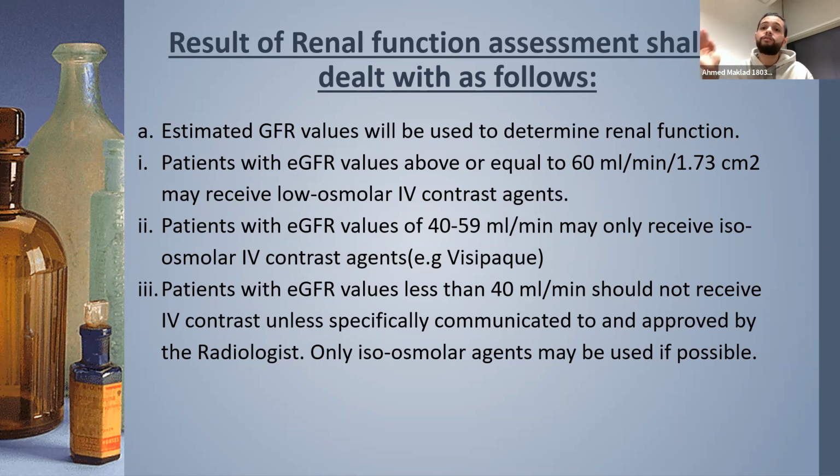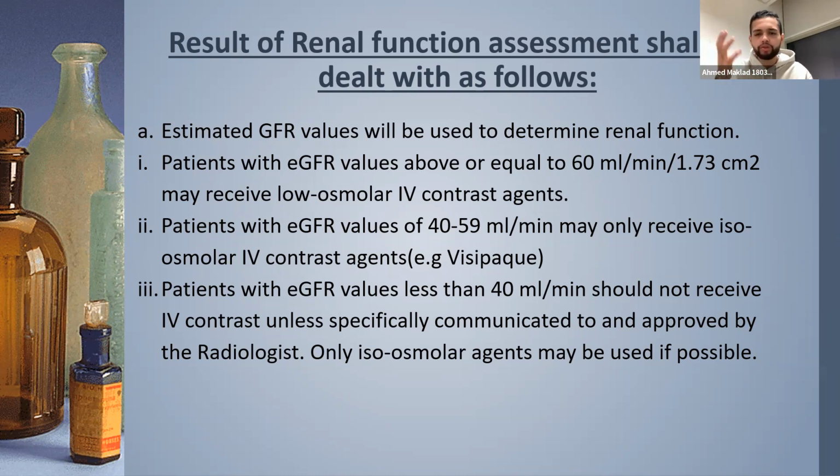Now, if the patient has an even lower GFR number, which is less than 14, all right? They should not receive IV contrast at all, unless the benefits of the IV contrast outweigh the effects of the IV contrast on the kidneys. So for example, you need an IV contrast to assess, I don't know, an intraparenchymal bleed in the brain, right?